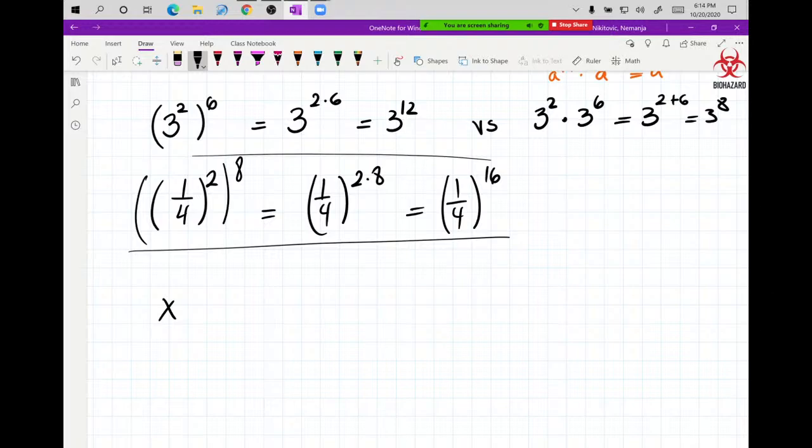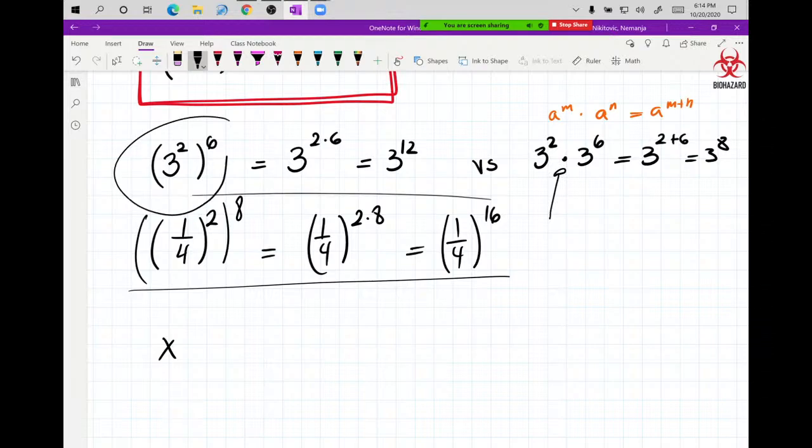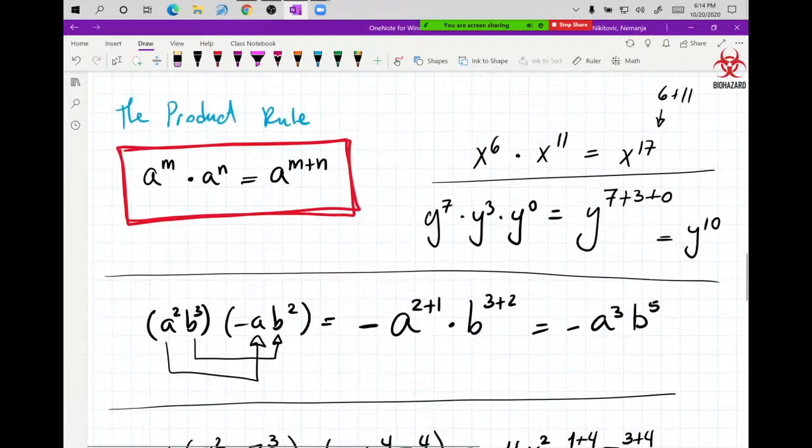So when do you add the exponents? Because you didn't really answer that question. When you have multiplication. So when you're multiplying, yes, you're adding the exponents, which was the previous rule, right? That was this one.